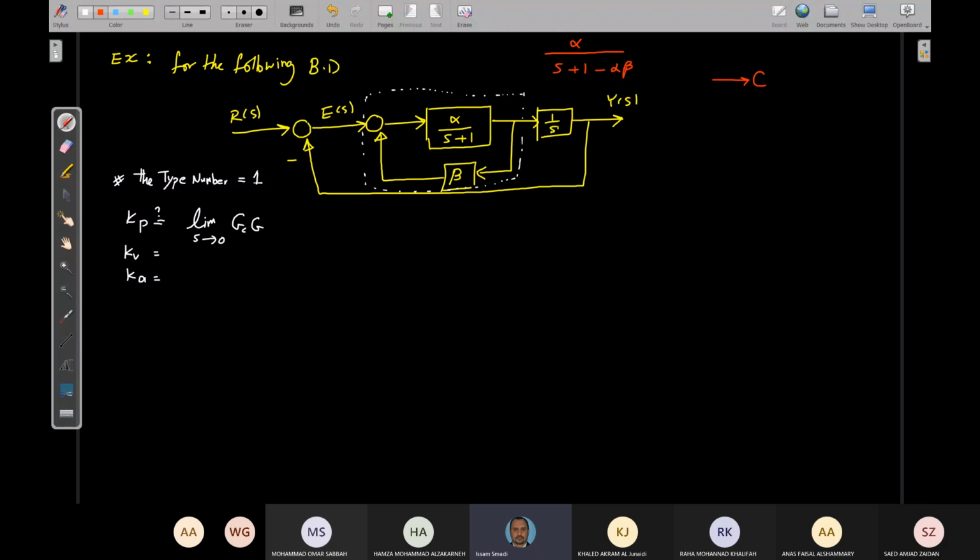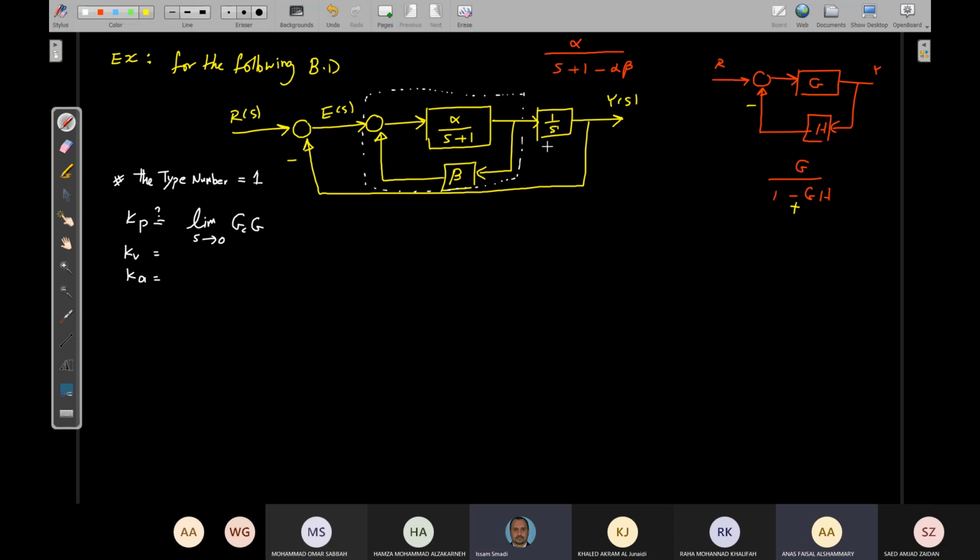If I replot it here, and here let's assume this one is G, and here I'm having H, and here I'm assuming a positive feedback. So this is the R here, let's assume this is the Y. So this is a positive feedback, so G over 1 minus GH, correct? If this one was a minus here, then this will be plus. The same thing here. If I put here minus, this will be what? Plus. Understood?